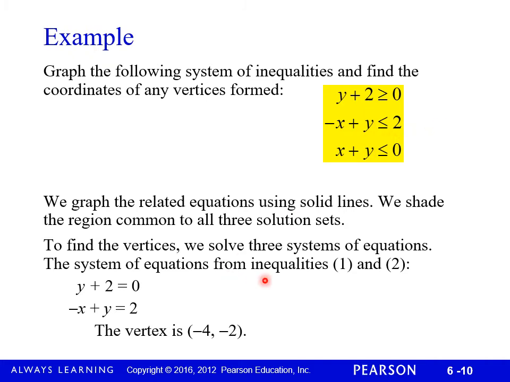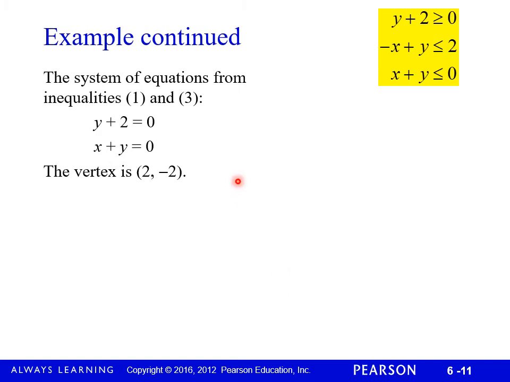Okay. To find the vertices, we solve three systems of equations, the systems from inequalities 1 and 2. So again here, we can see that the first equation will solve to y equals negative 2. We can plug that into the second equation and we get x equals negative 4. When we look at 1 and 3, again we get y equals negative 2.